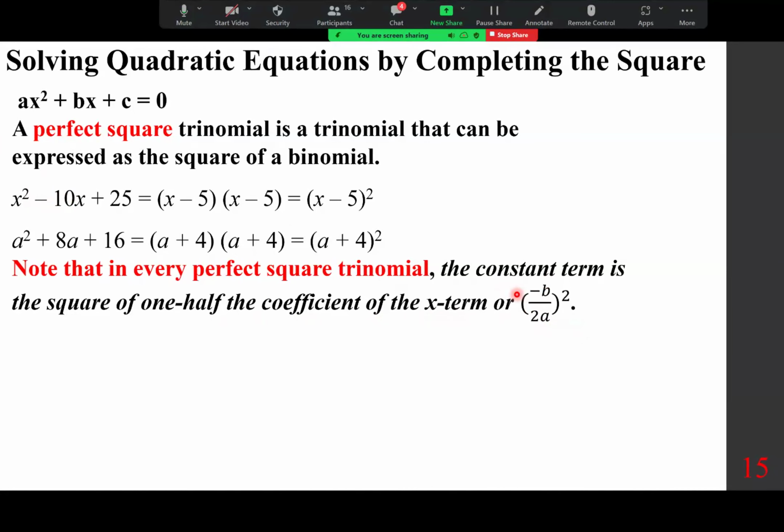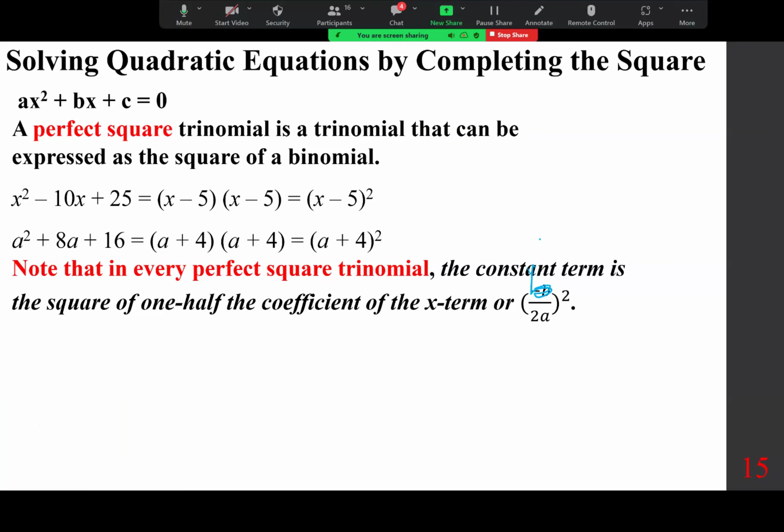But basically, divide this by 2, you get -5. Square it, you get positive 25. Divide this number by 2, you get 4. Square it, you get positive 16. So this is just b, not minus b over 2a.